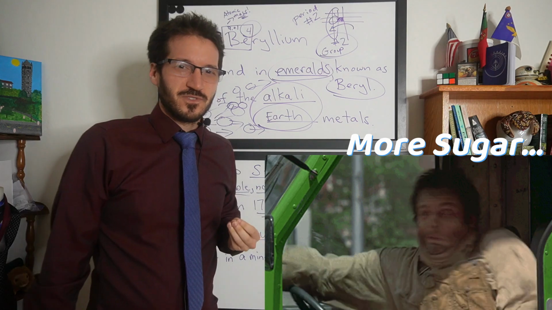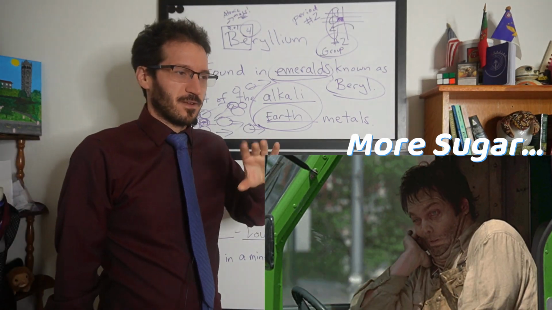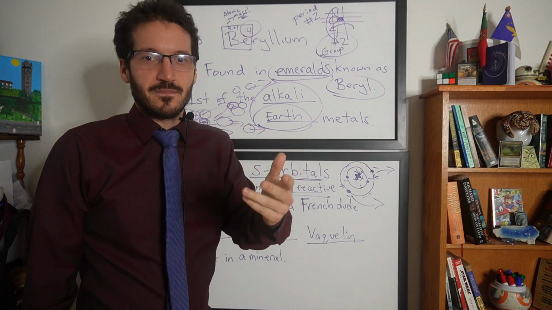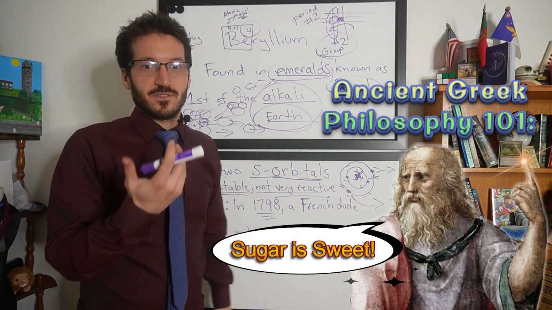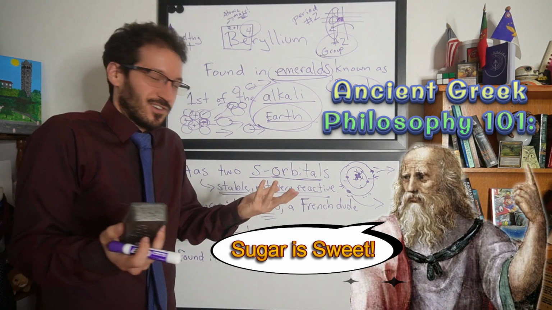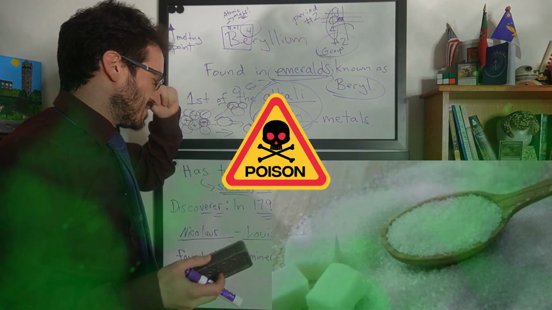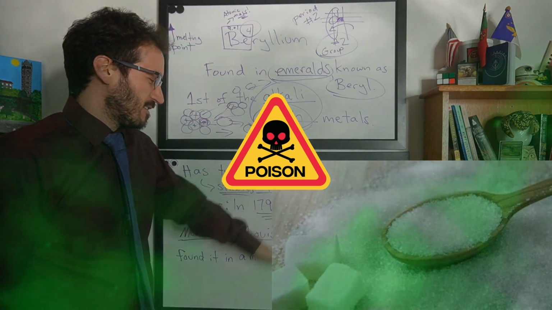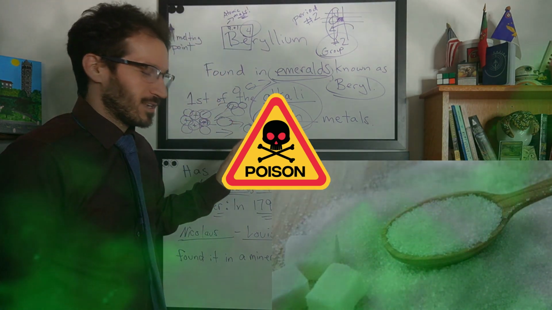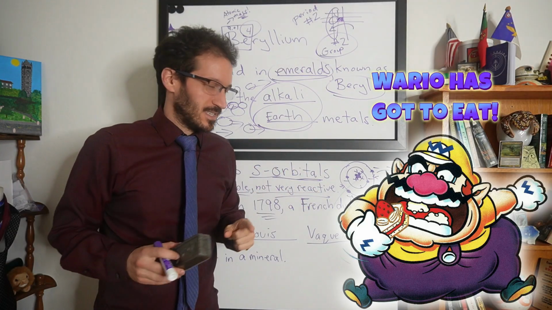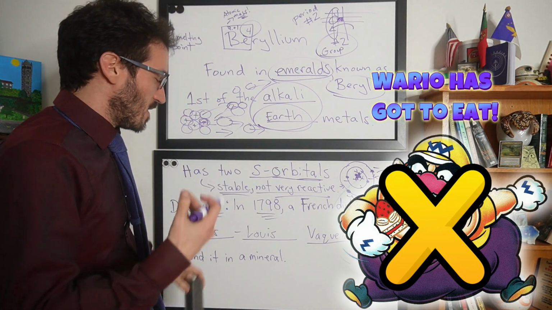So his first name for it came from the Greek word meaning sweet. He named it glucinium, Greek for sweet tasting, because it tasted almost like sugar. I just love that story because he was tasting this sweet yet toxic element. Fortunately, Mr. Vauquelin was not harmed. He probably didn't taste it too much, but remember, in our science labs, we ain't gonna taste anything, okay, folks? That's just not a very wise course of action.